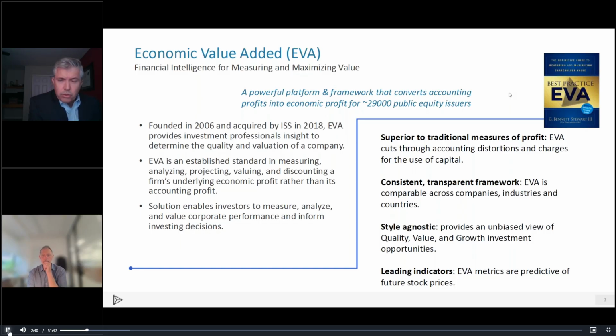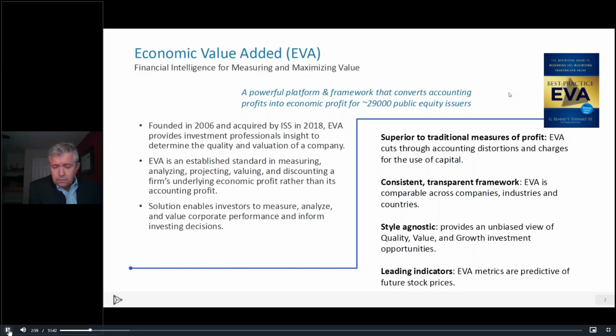Thanks, Gavin, and thank you, Andrew. My name is Casey Lee. I've been with ISS EVA since they acquired the firm I worked for previously, EVA Dimensions, in 2018. Before that, I'd been with EVA Dimensions for about 6 years. And before that, I worked for a competitor of ours for about 10 or 12 years.